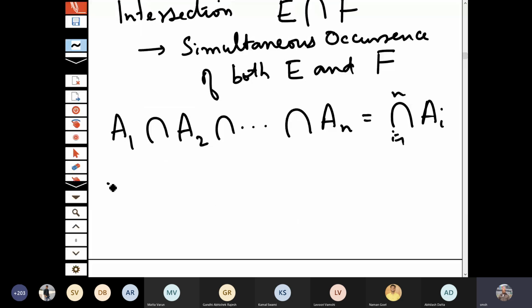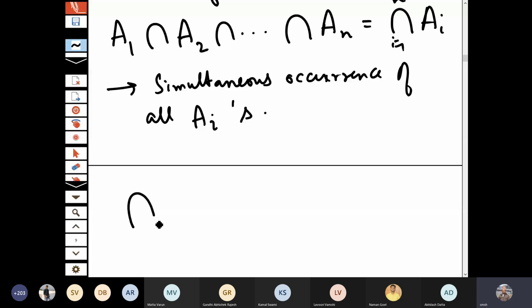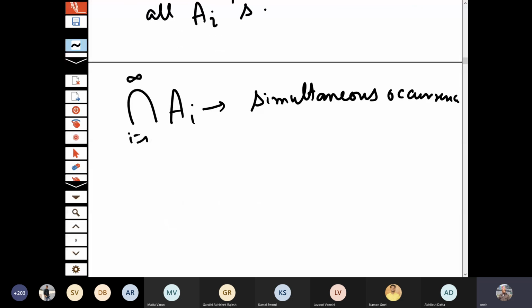This means simultaneous occurrence of all Ai's. Again, it can be simultaneous occurrence of an infinite number of events. These are all defined because now you have the concept of a set connected to any description of any event.